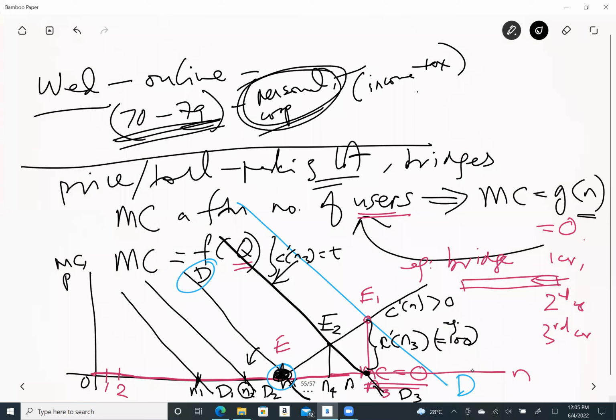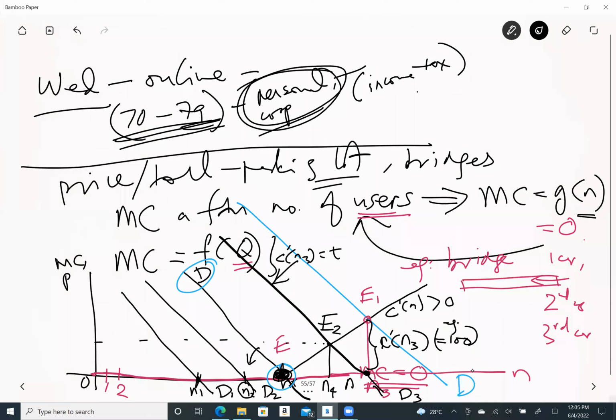We charge and pay a toll of 100. According to this diagram, the toll with MC equal to 0, you got the equilibrium here. The toll should be that one, but you test the toll over there.